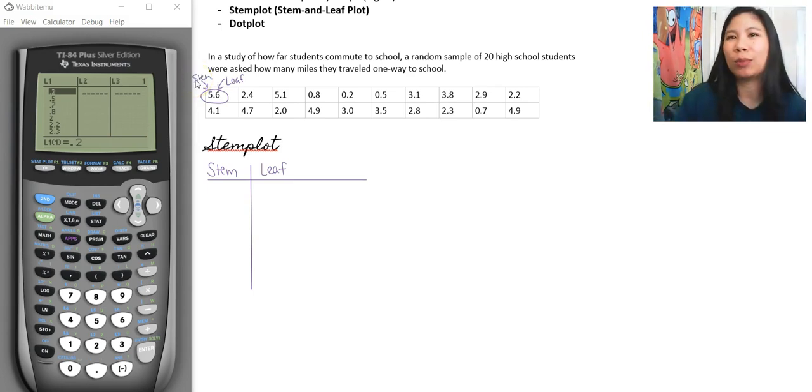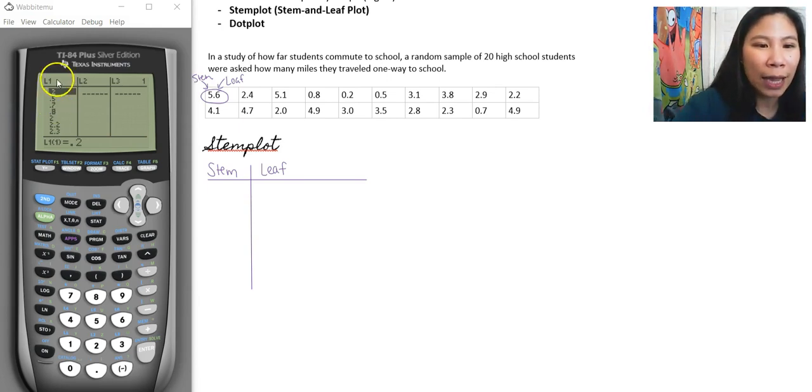And we'll do more examples where we have different types of numbers so you can see how this is going to look in another set of data. So for all of our data points, the first decimal place, so everything after the decimal, will be the leaf, and then the whole number part will be the stem.